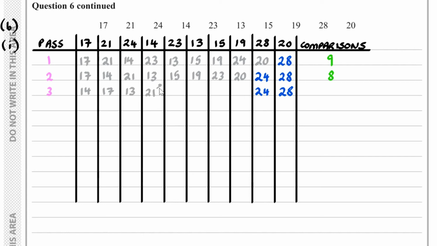We compare 21 with 15. 15 is smaller. 21 with 19. 19 is smaller. 21 with 23. 21 is smaller. We now compare the 23 with the 20. 20 is smaller. And what's moved to the end of this pass is the 23. So those aren't going to change in the next pass. When we come to write down the number of comparisons we made 7 of them.